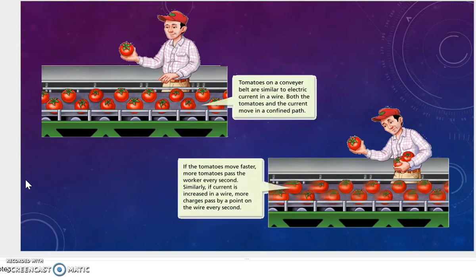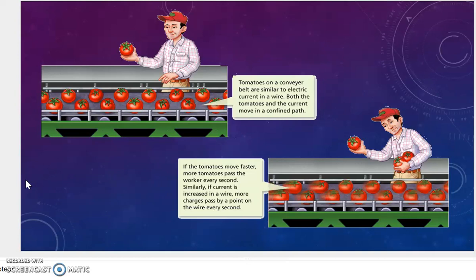So here, this is just a different way of thinking about current. We have tomatoes on a conveyor belt, and they're on a confined path. That's similar to how electrons flow, because if we're talking about a circuit, we're usually talking about a piece of metal wire that is connected.